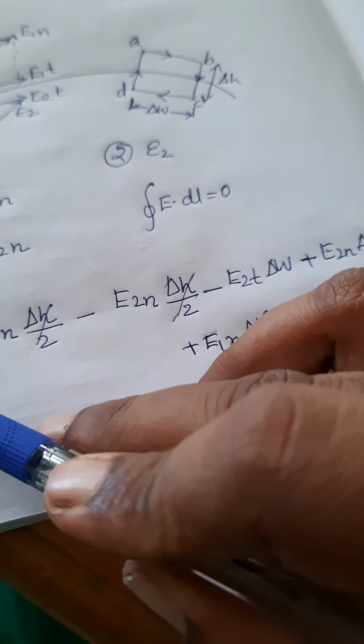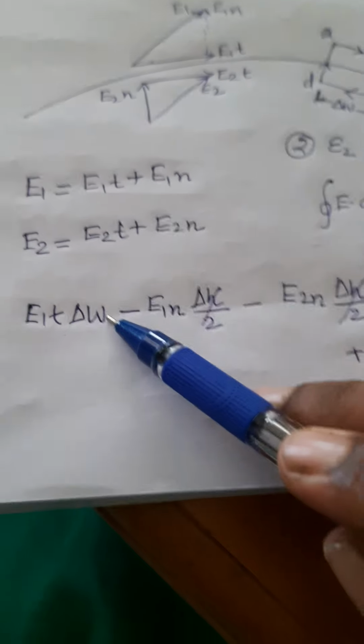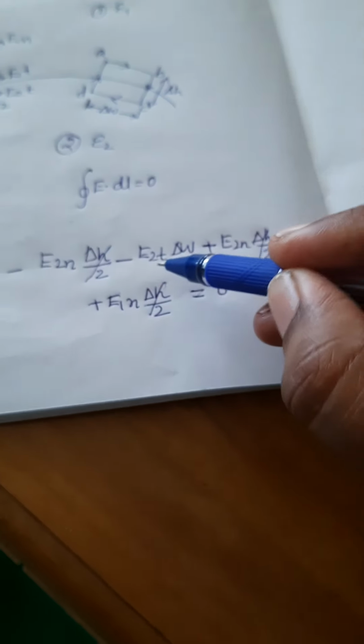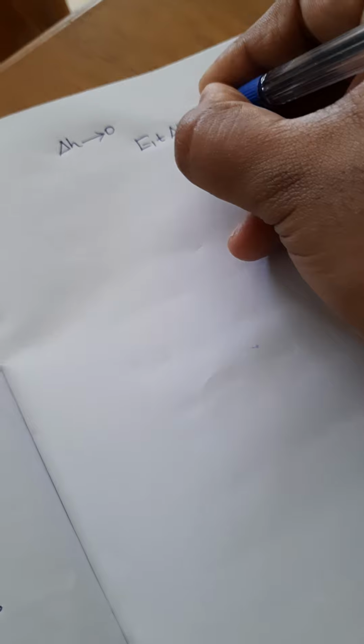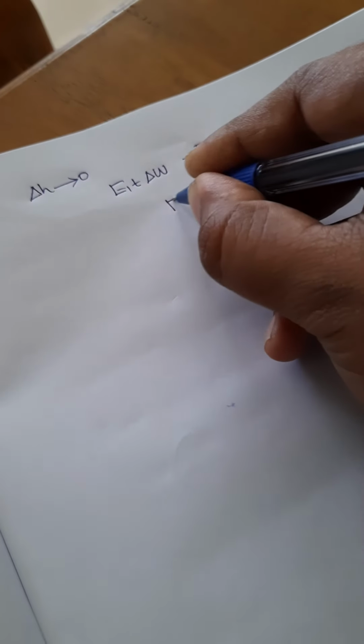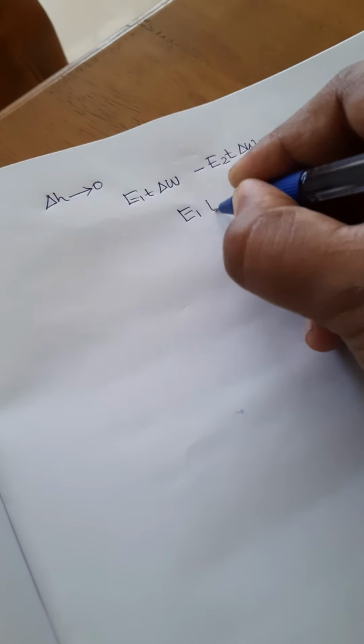The remaining terms are E1t into delta w minus E2t into delta w, which is equal to 0, or we can write that E1t is equal to E2t.